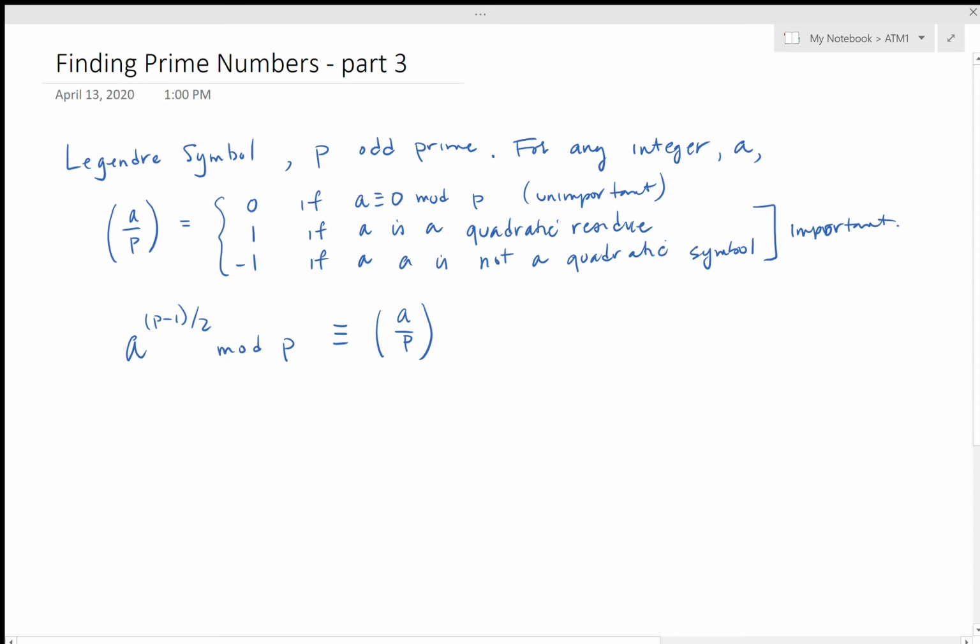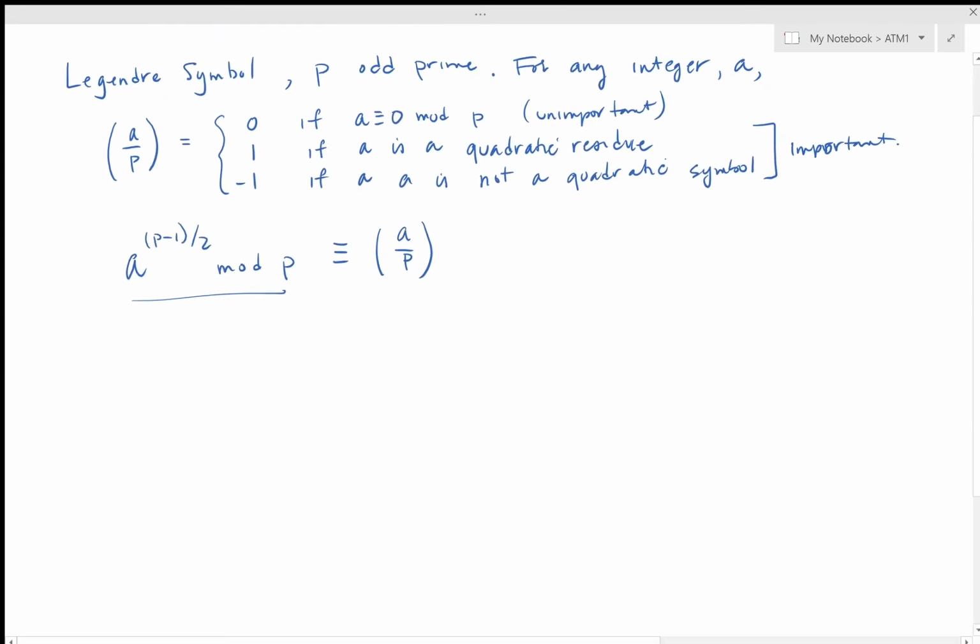The Legendre symbol comes out to be 1 when this congruence is 1, and -1 when the congruence is -1. I'm going to give a quick example, but we're going to see how to calculate these things a little bit differently.